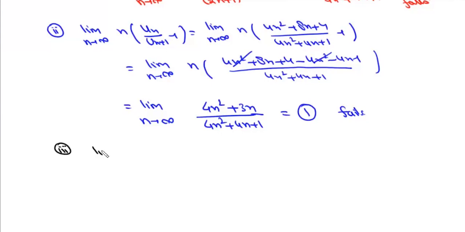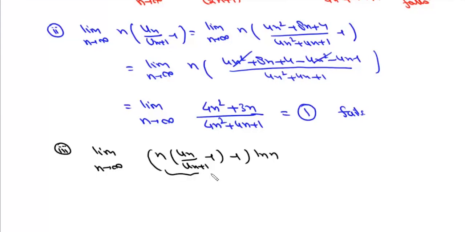Now here we will find this limit as n tends to infinity: n times (un upon un plus 1 minus 1) into log n. Now this entire expression is from Raabe's test, so this is (4n square plus 3n) upon (4n square plus 4n plus 1).